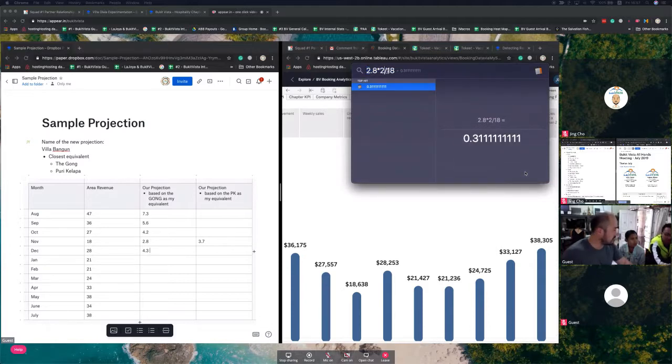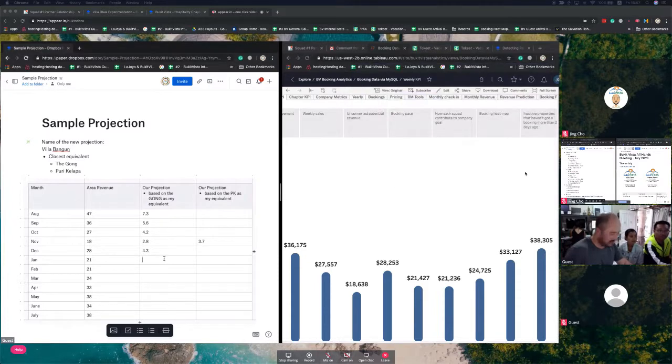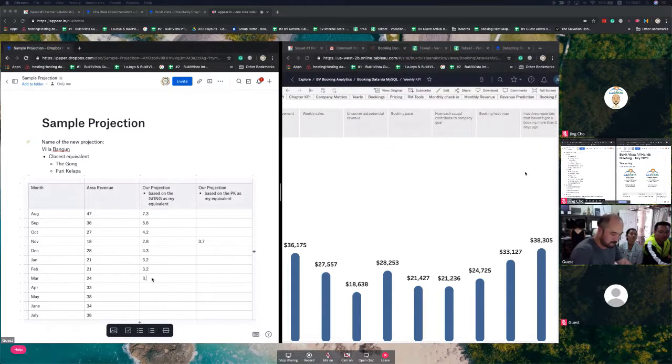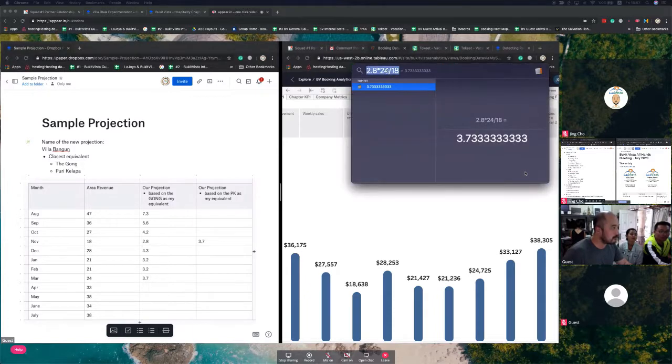I replace 28 with? Yes, and I can use that twice because it's the same for February as well. So 3.2, and so on and so forth. Let's finish it out. Then 24, very good, so 3.7. Then April, 33, very good, and that gives me 5.1.